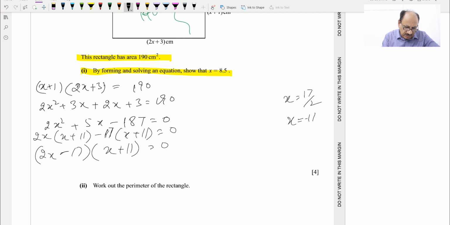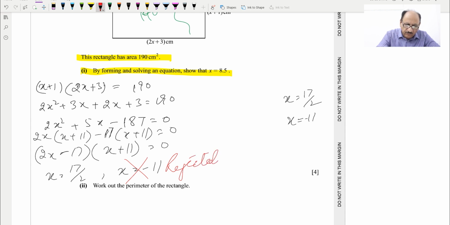Now we can write x is equal to 17 by 2 and x is equal to minus 11, and we will reject this negative value, and then we can write x is equal to 8.5. 17 by 2 is 8.5.